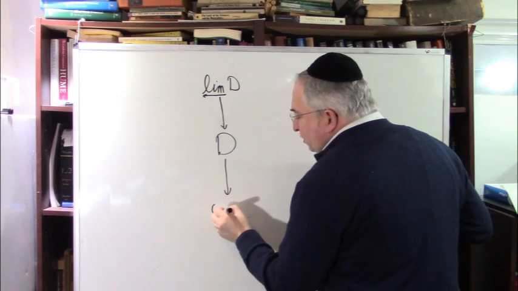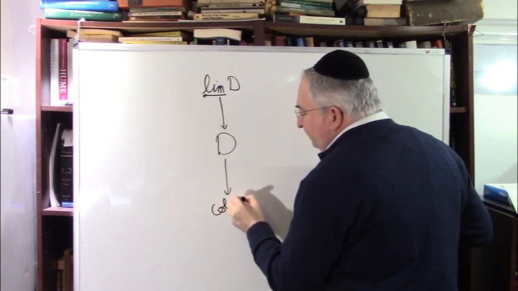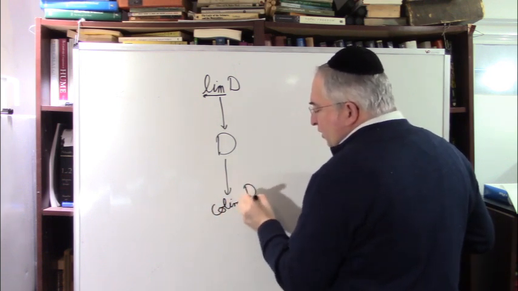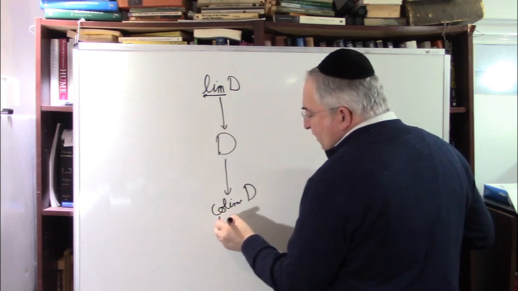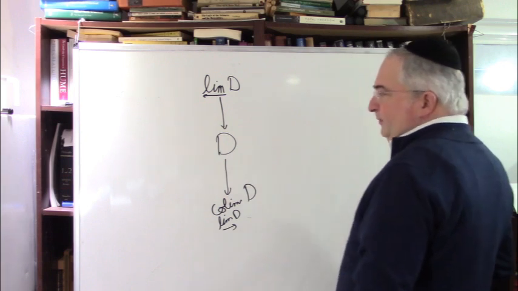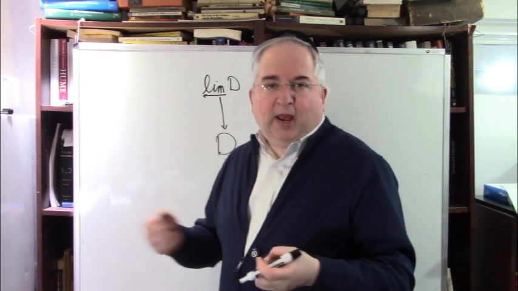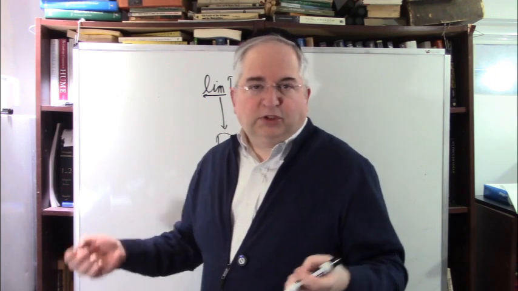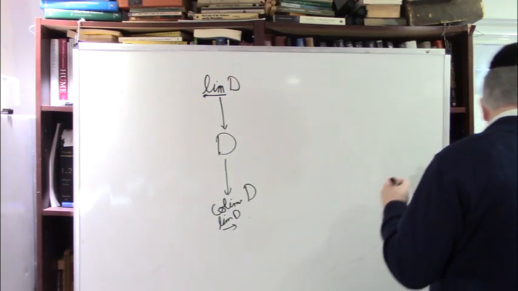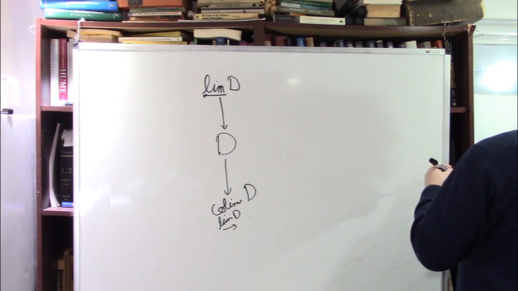Now you can write the colimit as colim of D, or you can also write it as lim of D with a forward arrow. Again, the names go back to different areas of math where they were generated. These are also called the direct limit, the inverse limit.